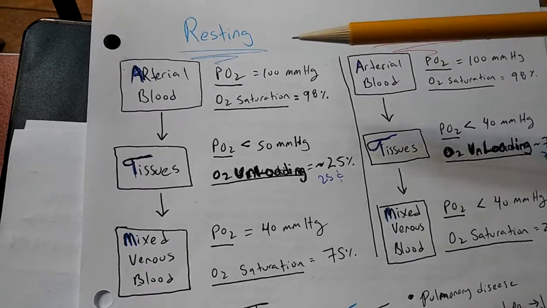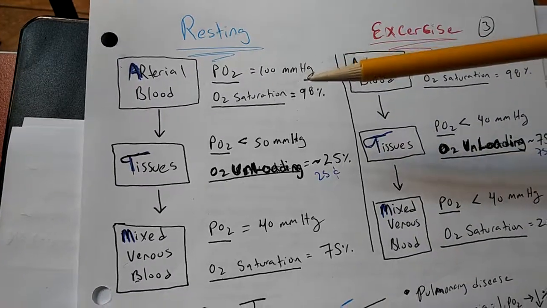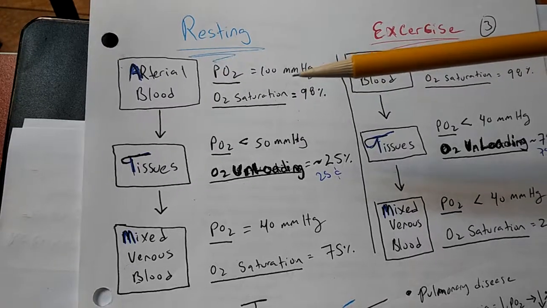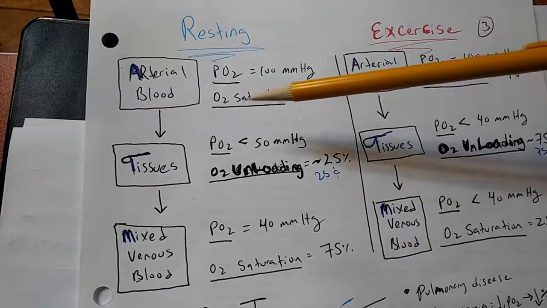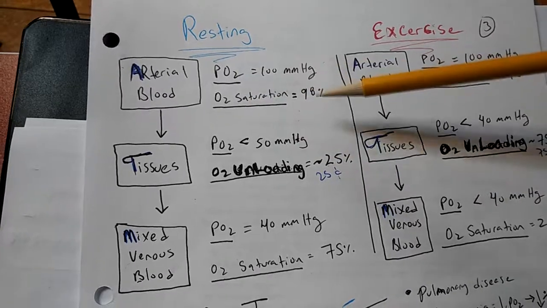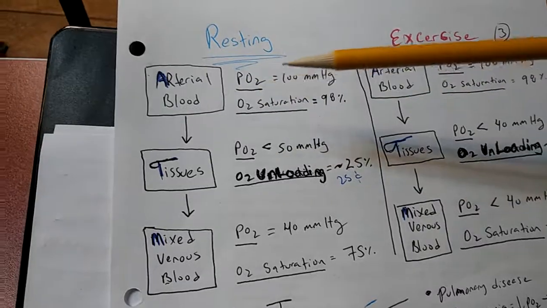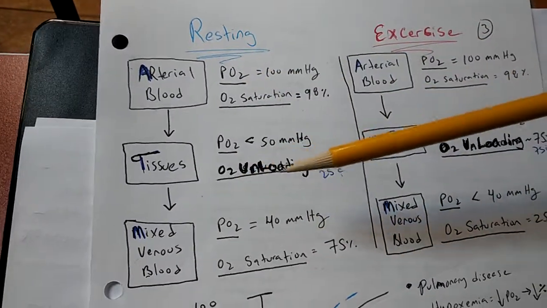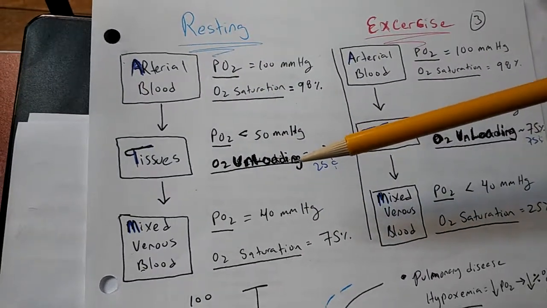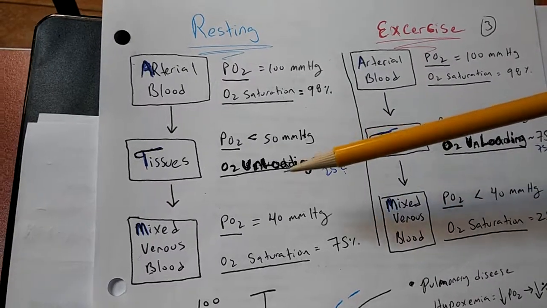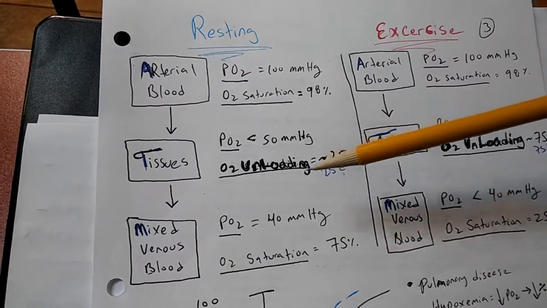During resting, you could think about it like you have 4 quarters or 4 tokens. So you start with O2 saturation of 4 tokens, almost 100%. Then in the arterial blood, once you reach the tissues, you have to pay the machine 25 cents or 1 token. That's the unloading of oxygen to the tissues.